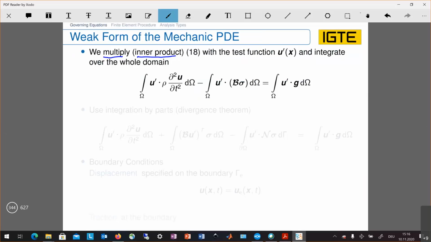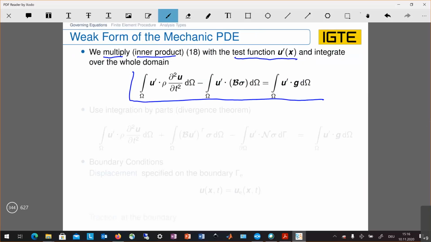Up to now we just had scalar partial differential equations, and therefore the test function itself, u prime, is also a vector. And so you see we do an inner product of this test function with the partial differential equation and then integrate over the whole computational domain in order to get here this equation.